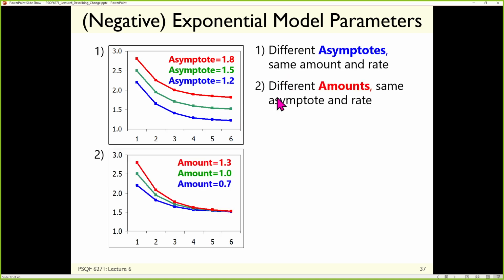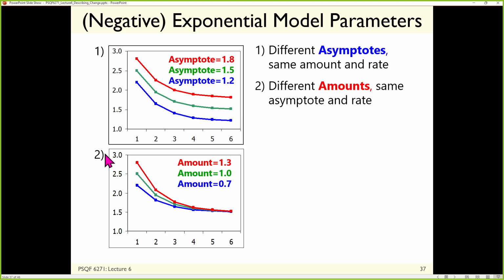The other parameter that captures the total amount of change is shown in the bottom left picture here. And here, these 3 lines differ only in their amounts. So the amount you can think of as the total distance from the starting point to the asymptote. Consequently, another way that people parameterize these models is to replace amount with intercept.